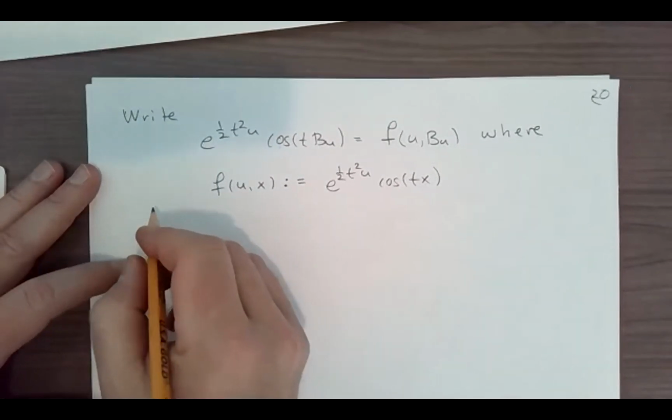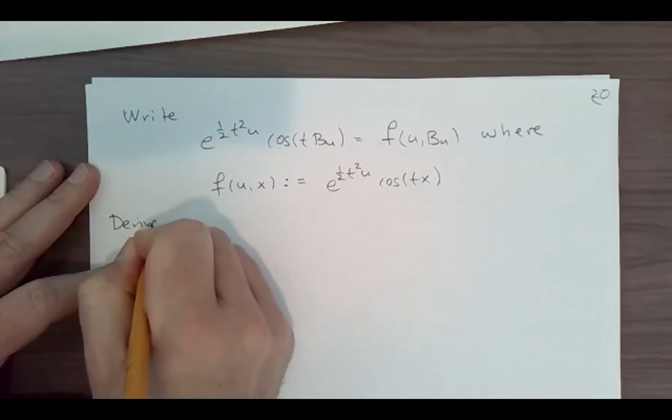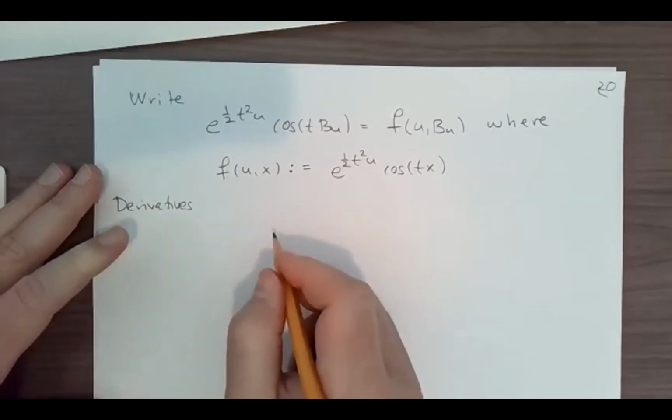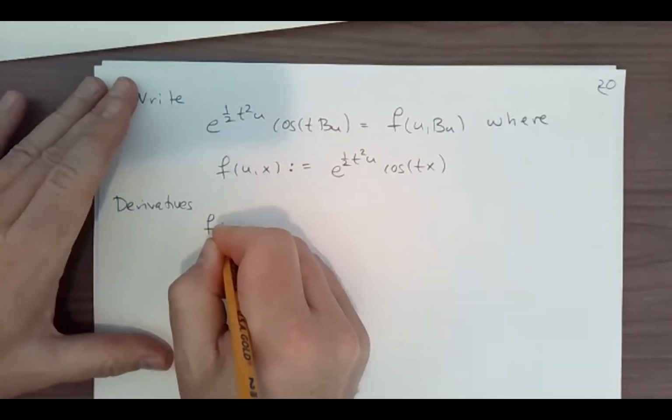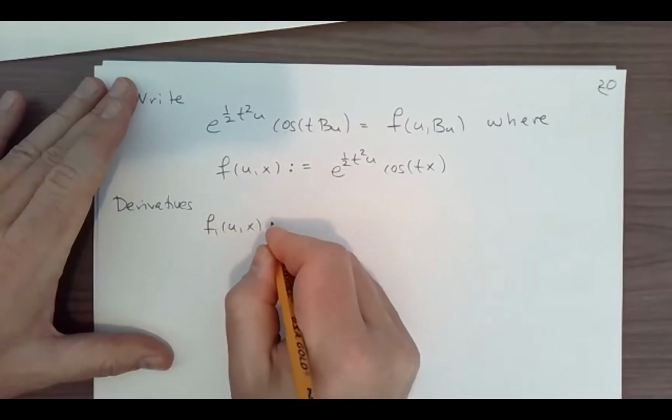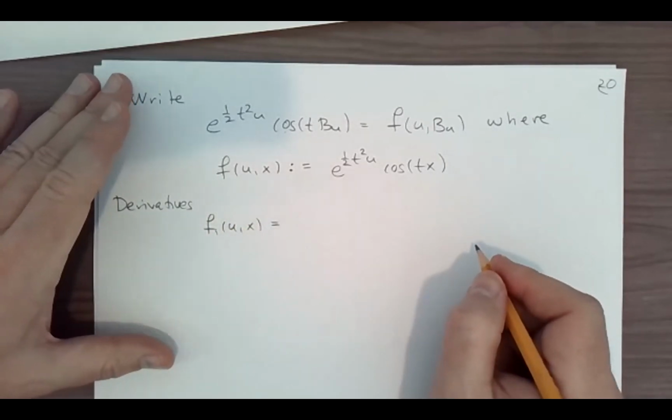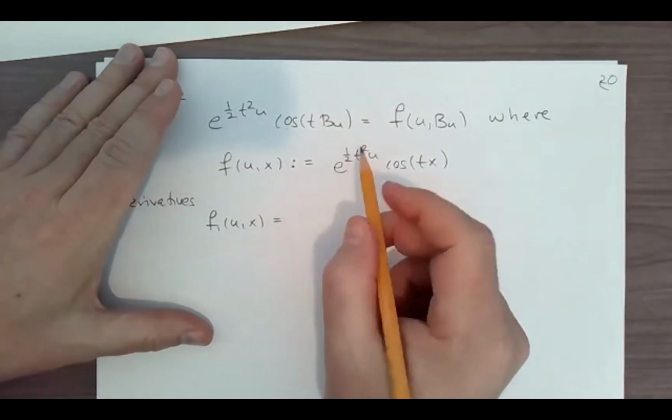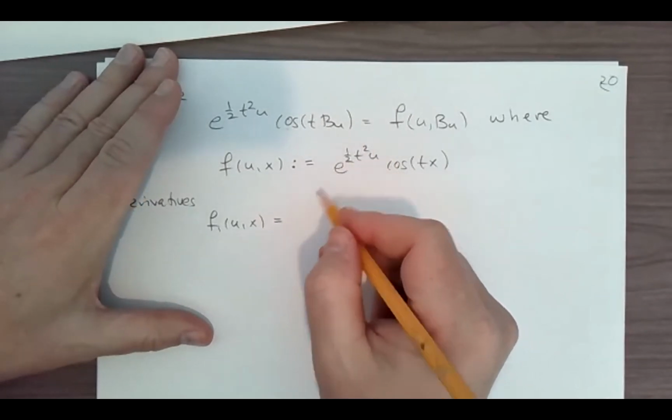So to use Ito, we need the derivatives. We need f1, u and x. F1 of u and x, we need to compute the derivative with respect to u.